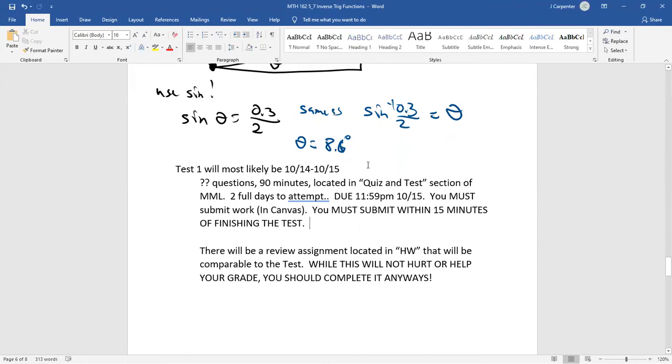Again, that's assuming it's the MyMathLab format, which I've said I might change, might. If you have any longer questions that you think you deserve partial credit on, you can email me and say, hey, Mr. Beckner, can you check out question 17?